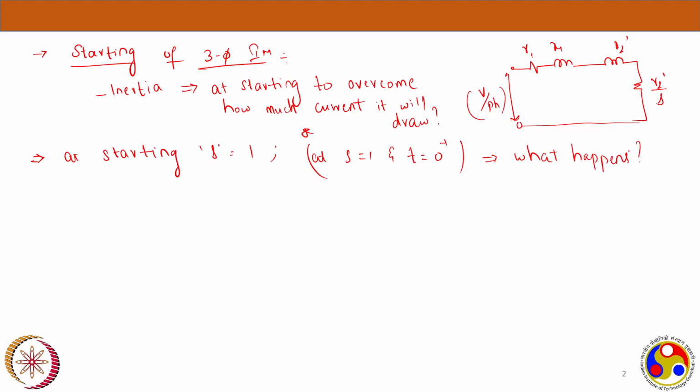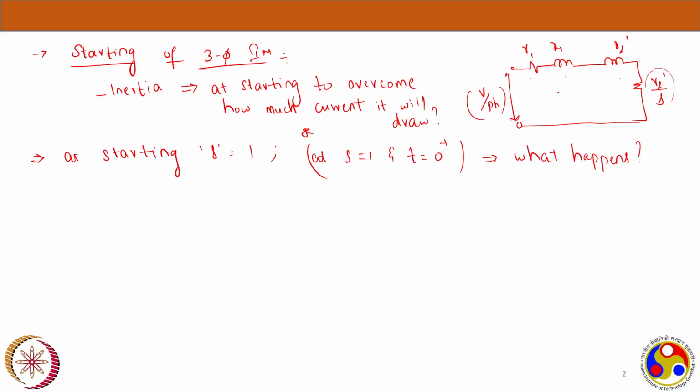Now, since we know S equals 1, the R2 by S term will become R2 dash. And now, the reason I have neglected this is that at the starting R1, X1, X2 dash and R2 dash, only when S is at some kind of slip like running slip, this R2 dash by S will be too high.